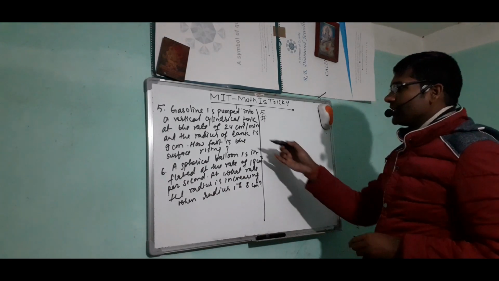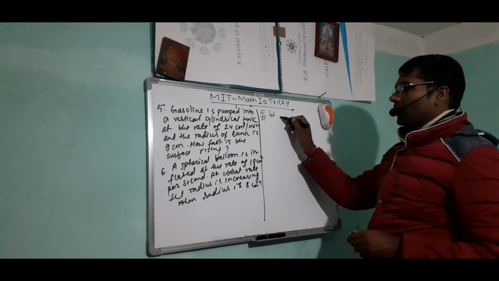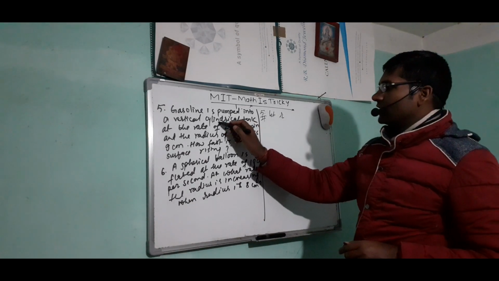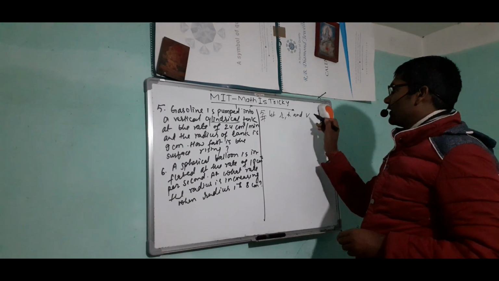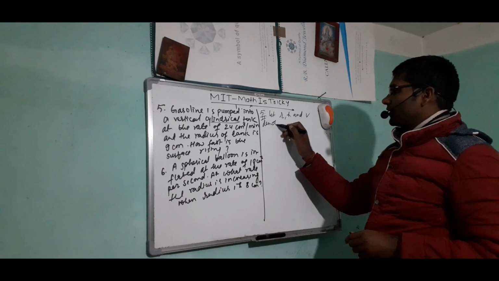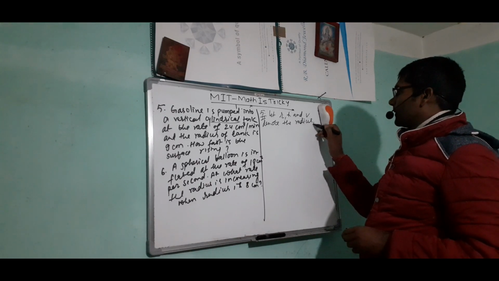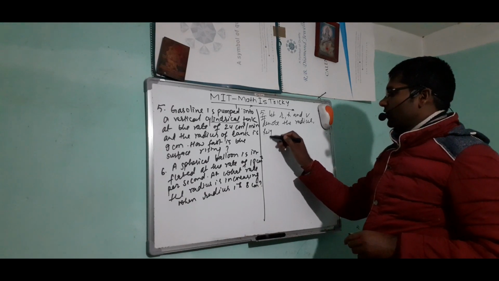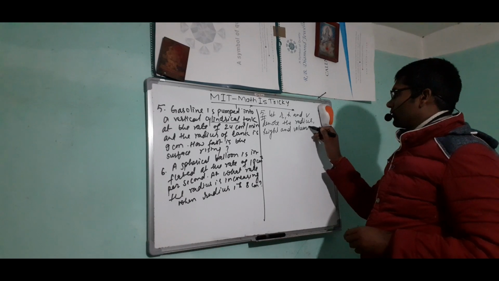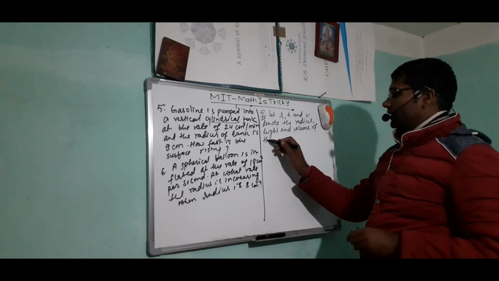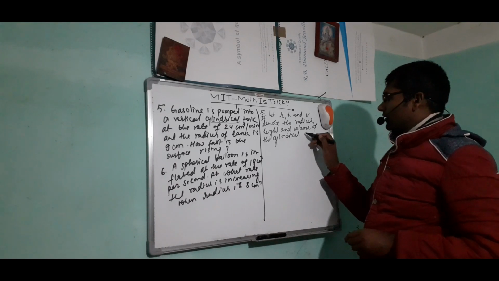So let's write here, let r, h and V denote the radius, height and volume of the cylindrical tank.